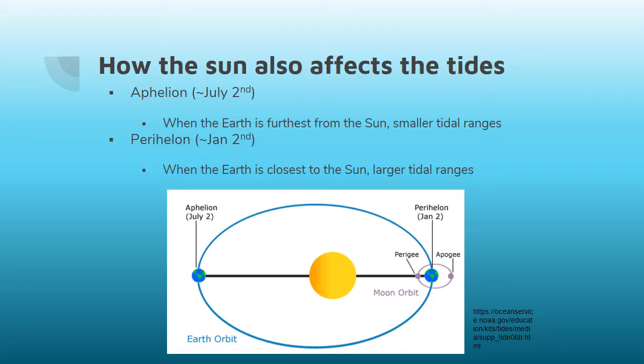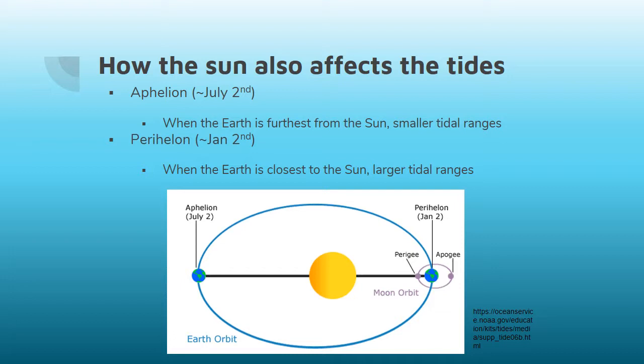Some other terms too: we have aphelion, which is approximately around July 2nd, and this is when the Earth is furthest from the sun and we have the smaller tidal ranges. And also perihelion, which is approximately around January 2nd, and this is when the Earth is closest to the sun and there's larger tidal ranges. So you can see below it shows the two different dates that I was speaking about, and you can see that perihelion is closer.